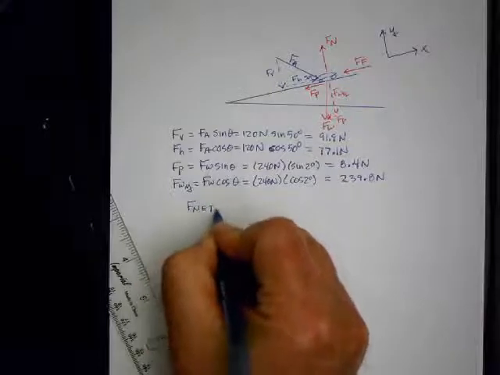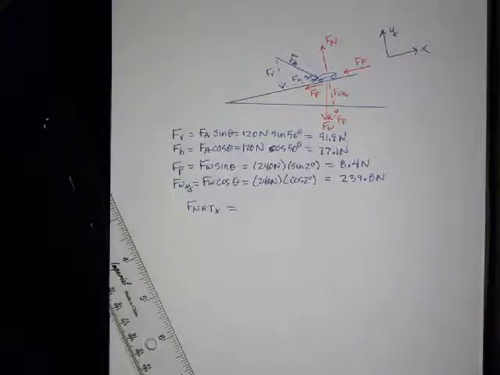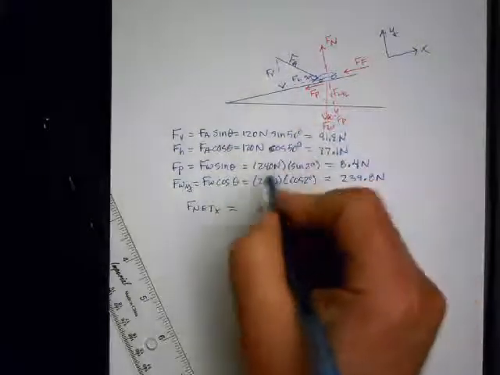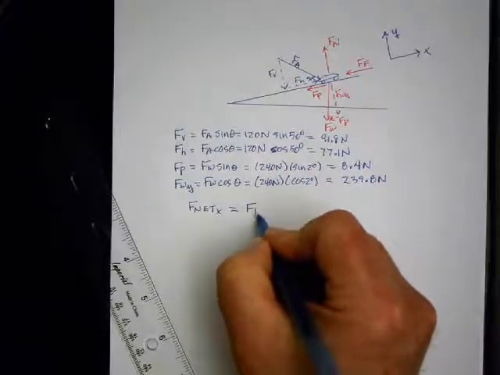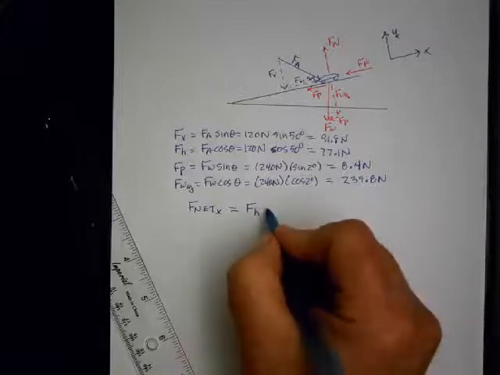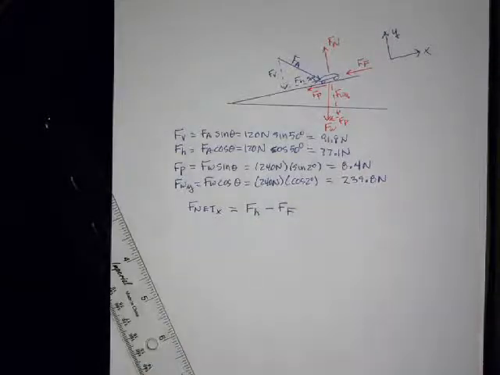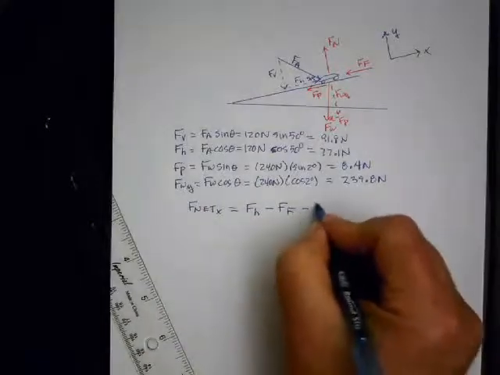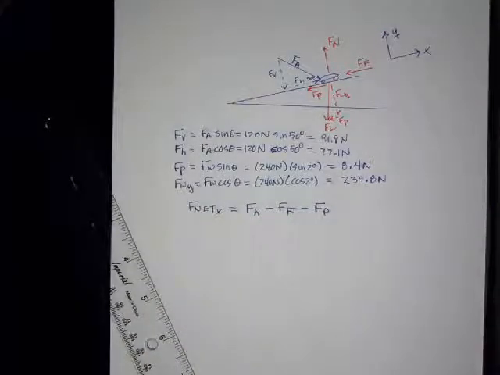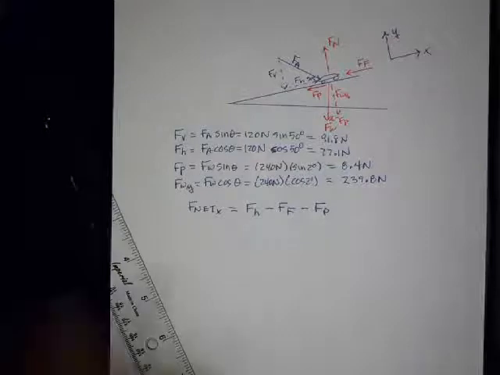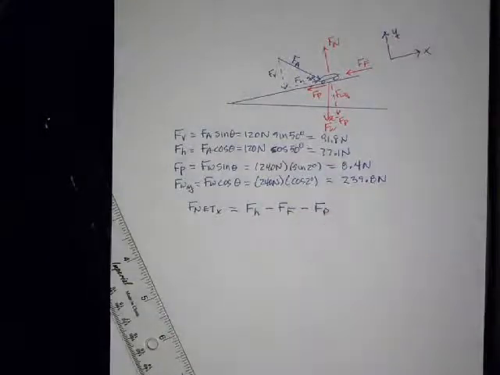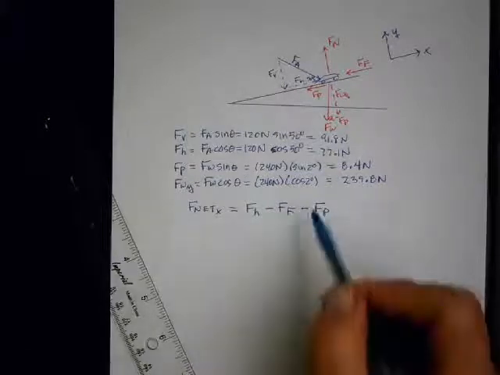We've got our FF working against us. And we've got that component of the weight that's down the hill. And of course, the higher the hill, the greater that component would be. So this is what's different now from what I did in the previous part B. I have this to worry about. And again, that's going to equal 0 because I'm moving at constant speed.